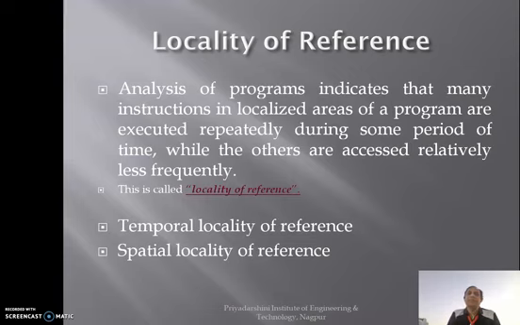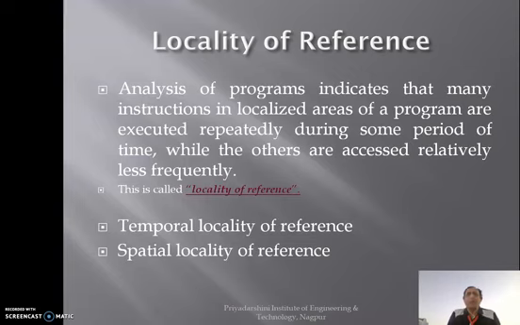That principle is called locality of reference. There are two types of locality of reference: one is temporal locality of reference and the second is spatial locality of reference.